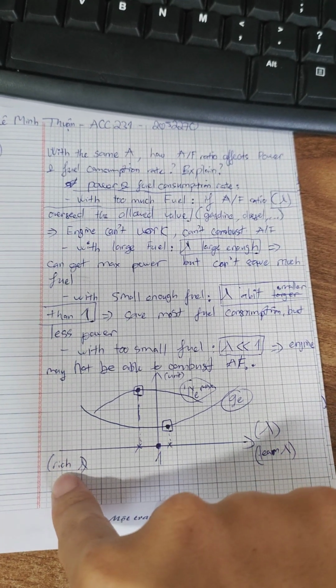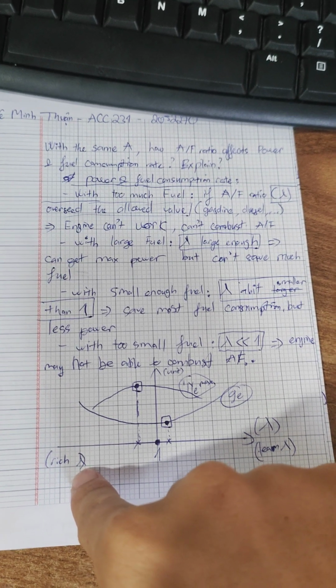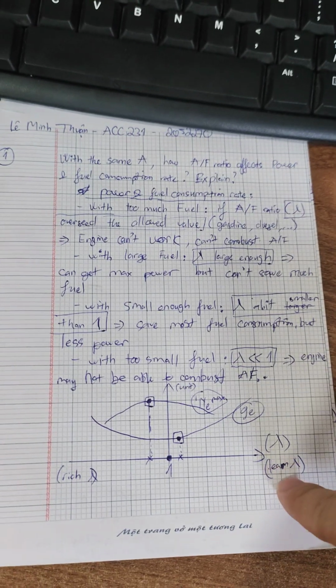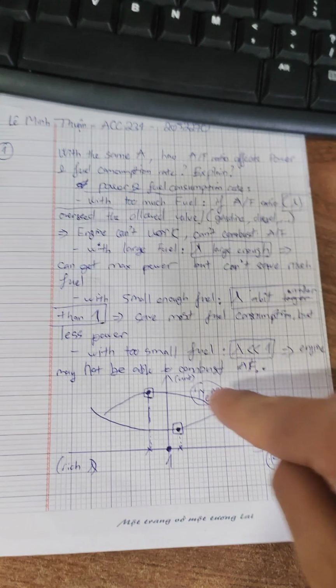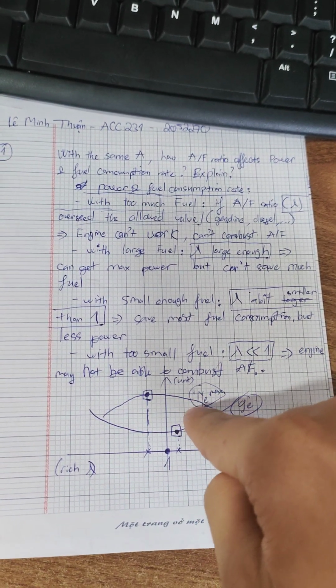On the left side is rich lambda or large lambda value. On the right side is lean lambda or small lambda value. This is the line for power.